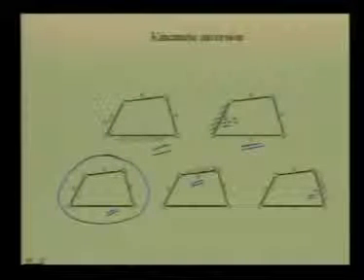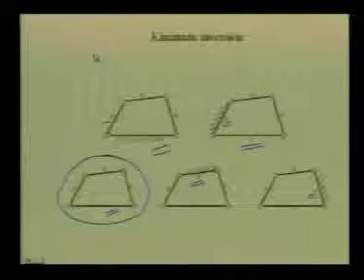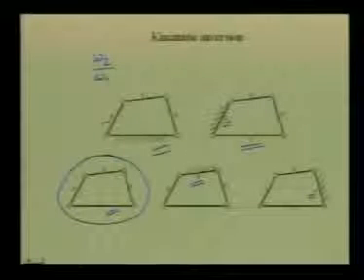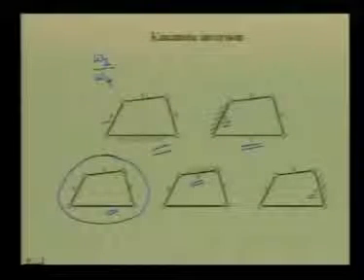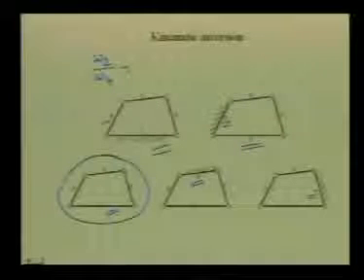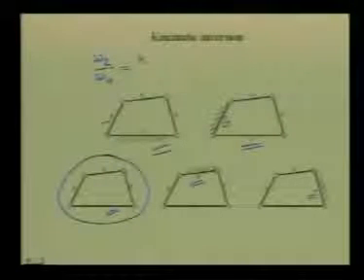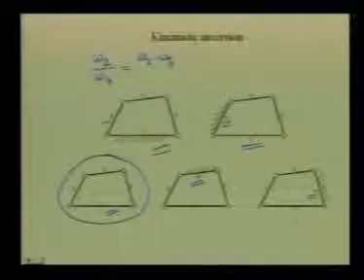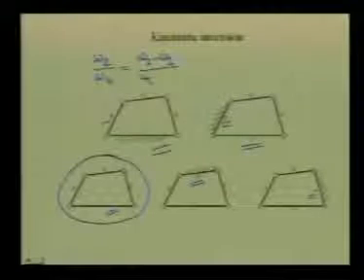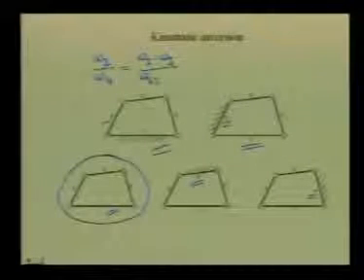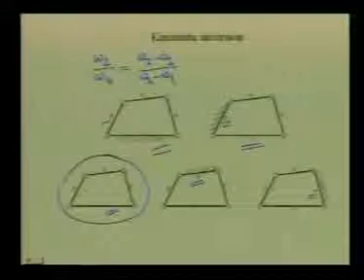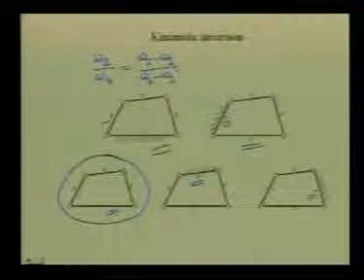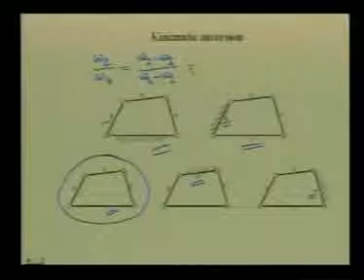For example, the ratio of the angular velocity of link number 2 to that of link number 4, that is omega 2 by omega 4, is the same as the relative velocity of link number 2 with respect to link number 1 divided by the angular velocity of link number 4 minus omega 1. Since omega 1 is 0, link number 1 is fixed. This relative angular velocity remains the same.